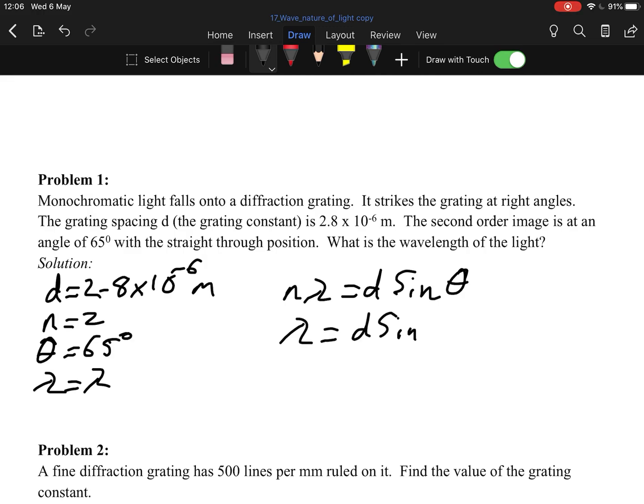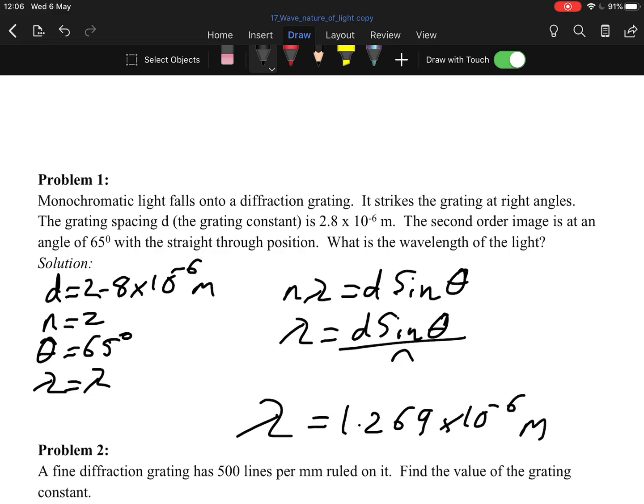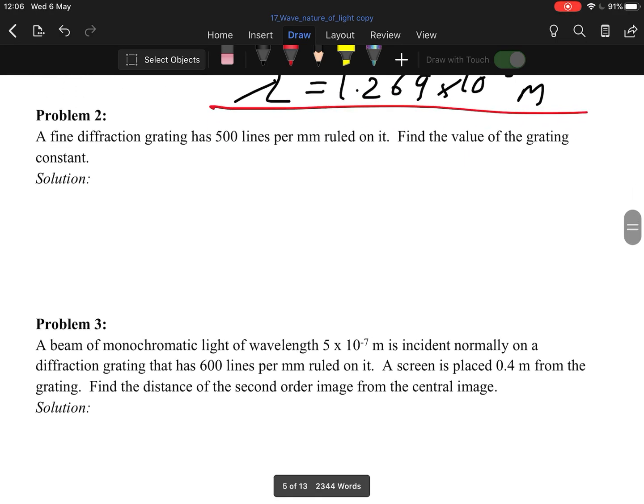We want to find lambda, so make lambda the subject and fire in every single one of your values. We should end up with 1.269 times 10 to the minus 6 meters. There you go, that's our wavelength.